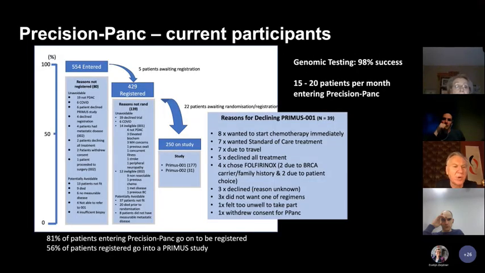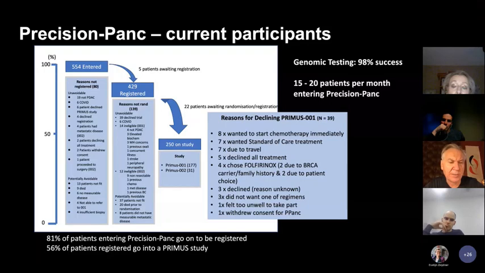Where are we at the moment? This is the map of patients that have entered the study. It's actually over 600 now. This is a bit out of date. Then we register these patients when we've got a sufficient biopsy and we're able to have a meaningful result. And this is where the performance status attrition in pancreatic cancer happens.